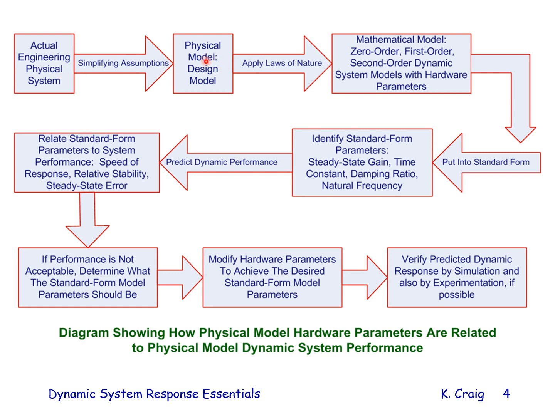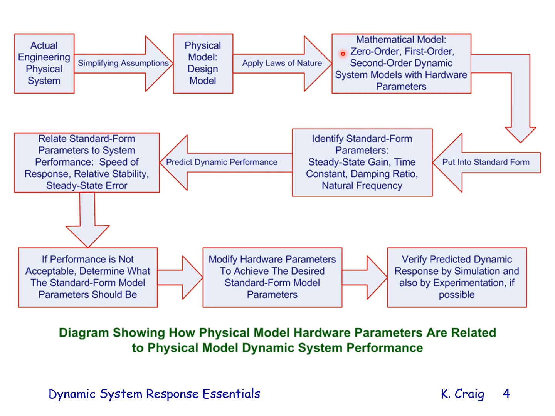To the physical model, we apply the laws of nature. The result of that is a mathematical model, a mathematical representation of the physical model. The mathematical model will have hardware parameters in it, and these parameter values need to be determined either by experiment, calculation, consulting reference documents, and so forth.